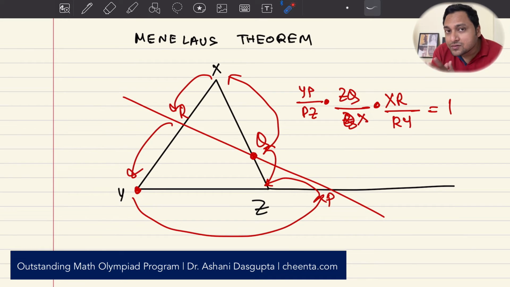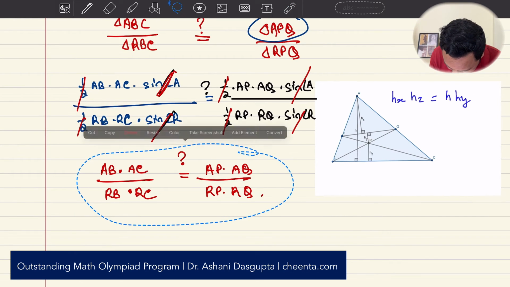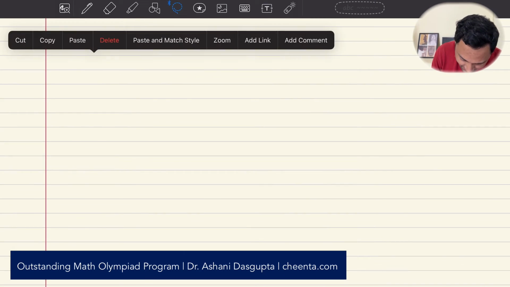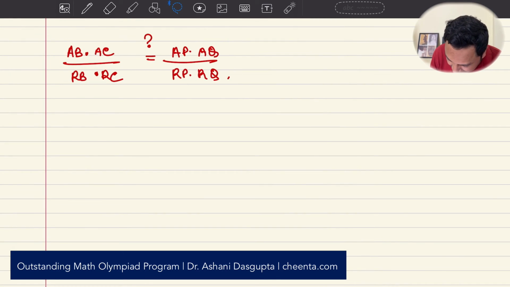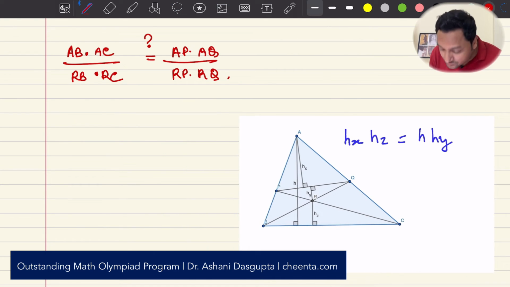So we will be using the Menelaus theorem twice to actually get the final result. So what do we want? We want this. Okay, let's copy this and let's keep it in our radar. Let's paste it. And let's get the picture one more time. Here we go. So I'm going to use the Menelaus theorem twice, and this will also give you some idea how the Menelaus theorem is actually applied in problem solving. Once I'll use it in this triangle.